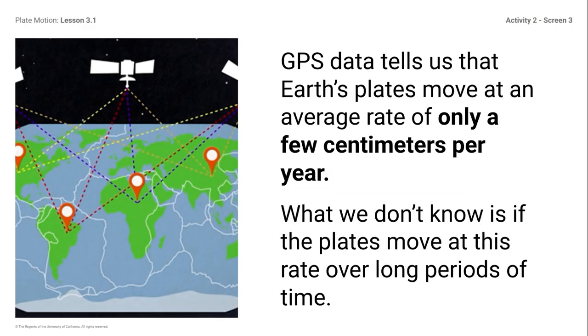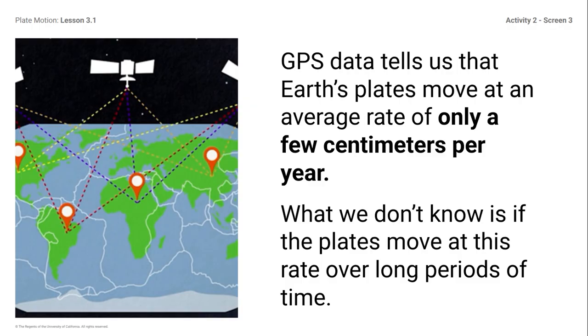GPS data tells us that Earth's plates move at an average rate of only a few centimeters per year. What we don't know is if plates move at this rate over long periods of time, because we haven't had this technology for that long.